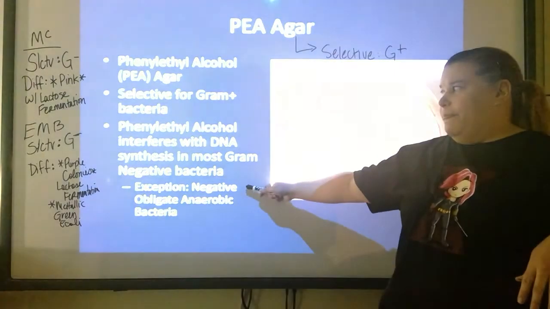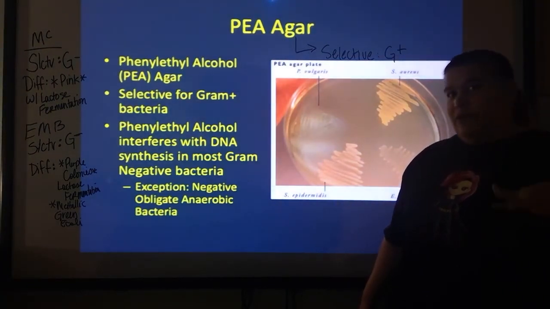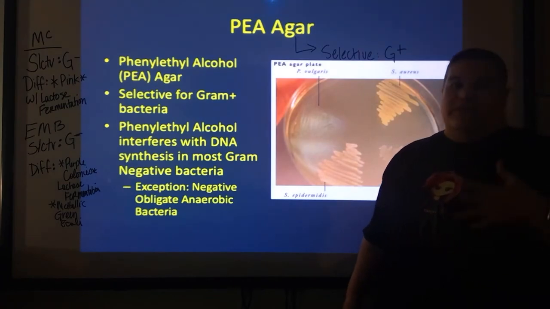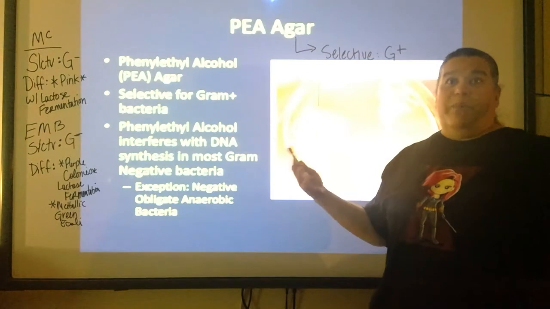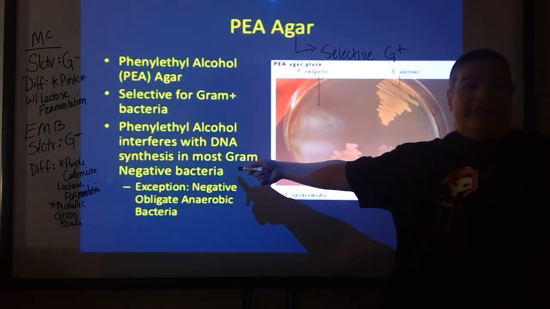Why? I can't make my own DNA, which means I can't make copies of myself. I can't divide. I can't do anything as far as making more bacteria because the PEA prevents me from doing it.